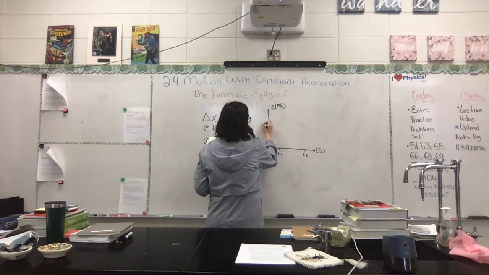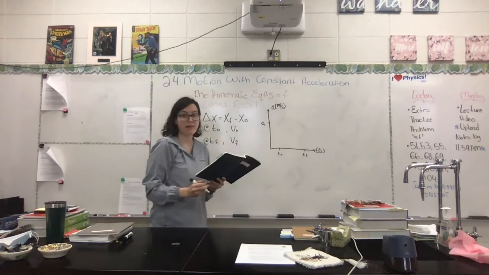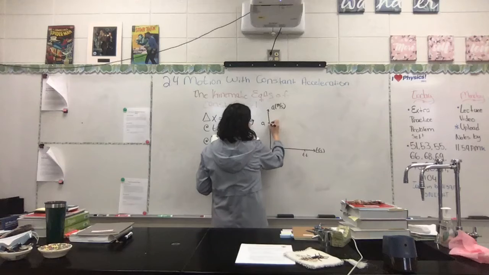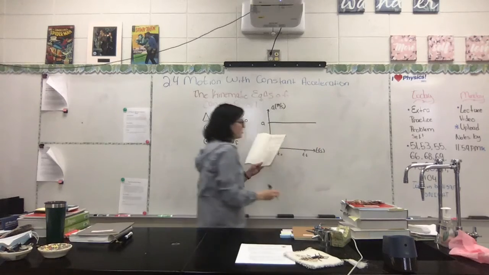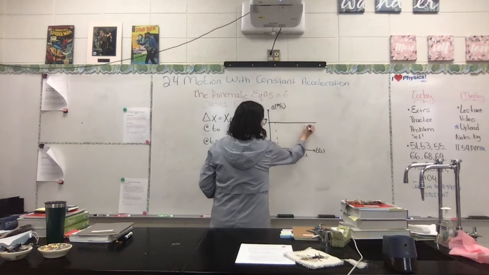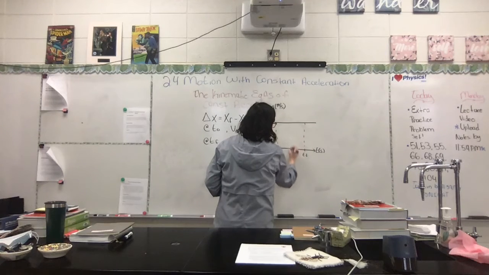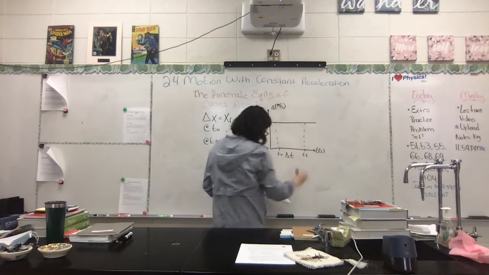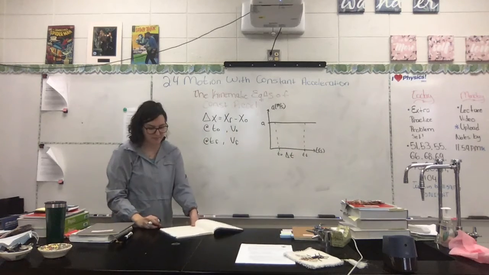And let's say, we'll just call this a, all right? At a, the acceleration is just going to be constant. And from our t naught to tf is going to be a delta t for us, okay?